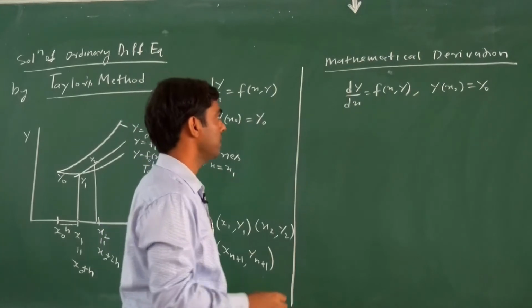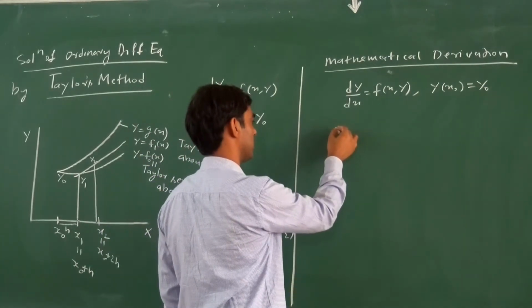Now first we find the Taylor series expansion about x = x0.